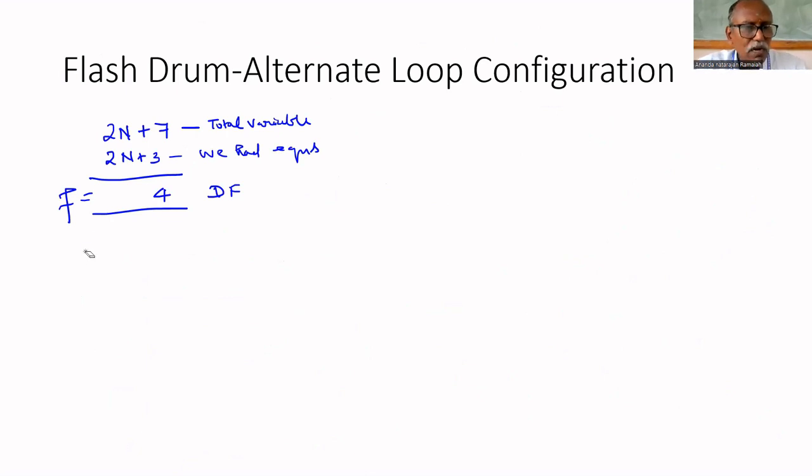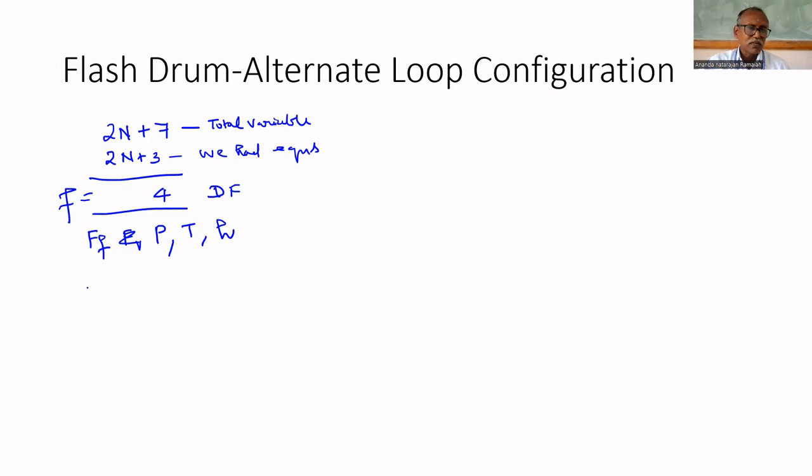The 4 variables are feed flow rate, pressure, temperature, and level. These are the 4 variables to be controlled. We have seen the manipulated variables. What are the manipulated variables available?